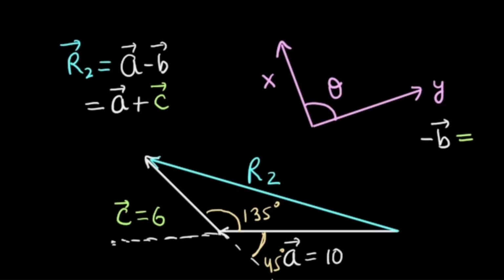Then the angle between vector C, this is vector C, and the direction of vector A is this one over here. What would it be? It will be equal to 45 degrees. Are you with me so far?